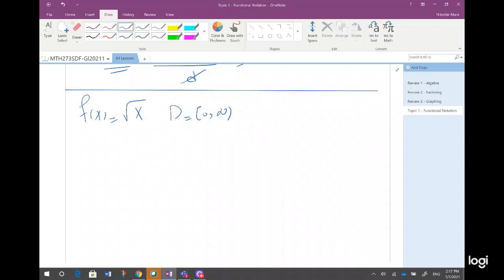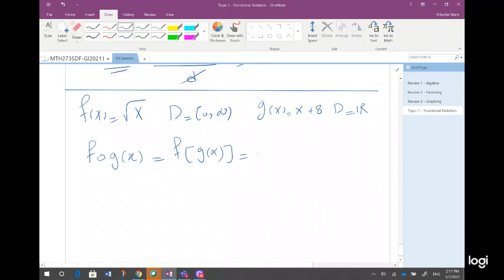I'm not going to talk about range here. Maybe I say g of x is x plus 8, and the domain of that is just R, so I can use all the values. Now I want you to find f of g of x.